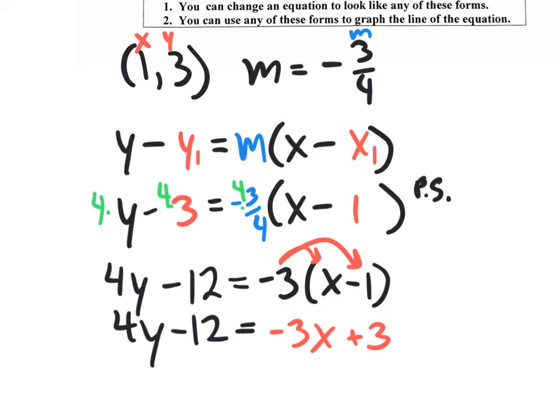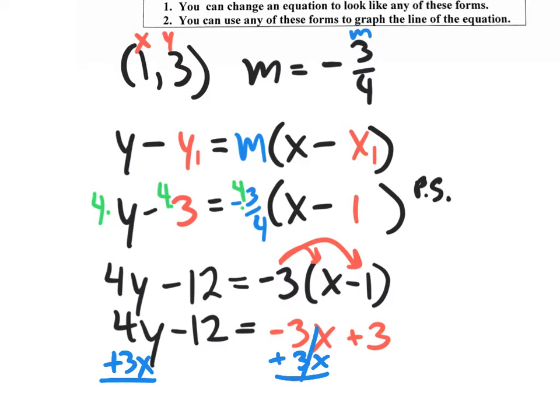And now it's a question of, do you want to write this in slope-intercept form, y by itself, or do you want to write it in standard form where you get the x's and the y's to one side? For standard form, you would get the x's to the left side by doing plus 3x, plus 3x. And you would also get rid of that minus 12 by doing the opposite.